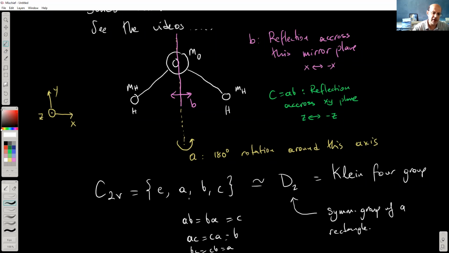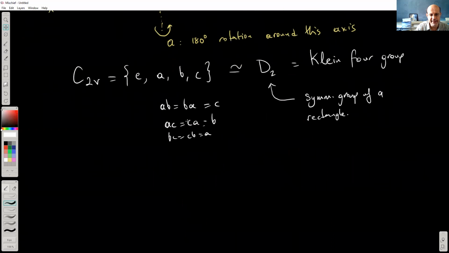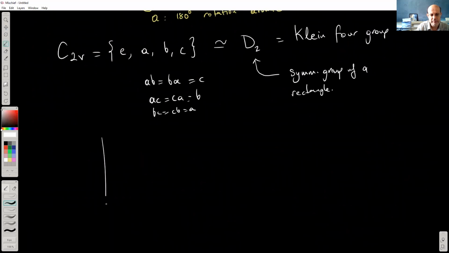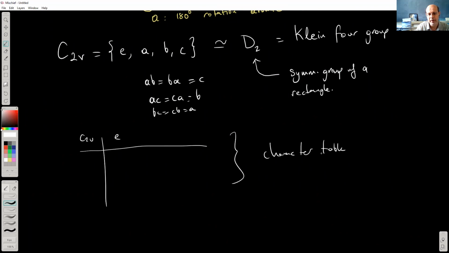They have the same structure, but somehow they are different groups. Okay. So in any case, this is an abelian group. Therefore, this has a character table. So let me call this the character table. Okay. So E, A, B, C.